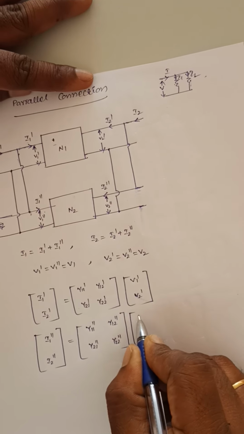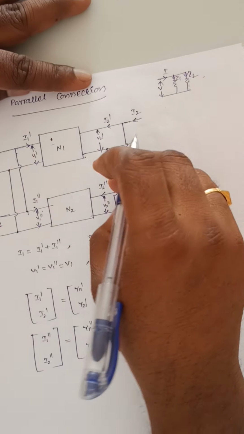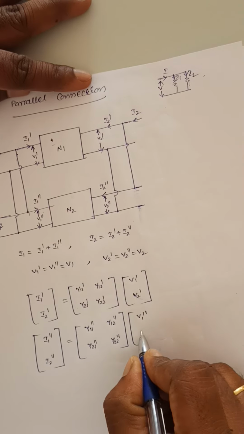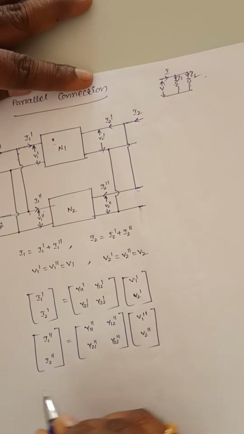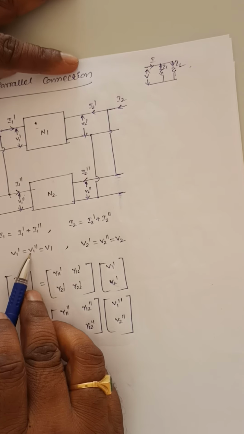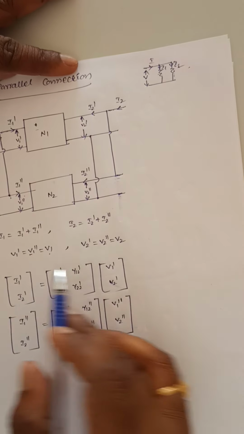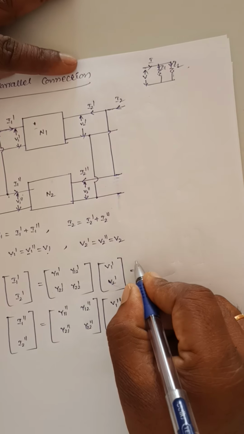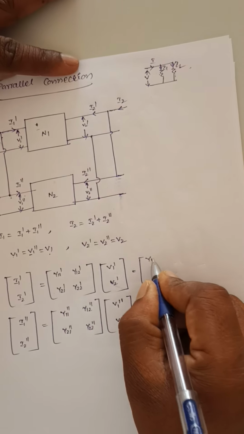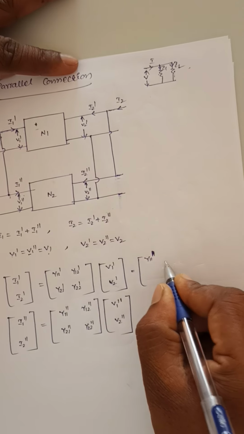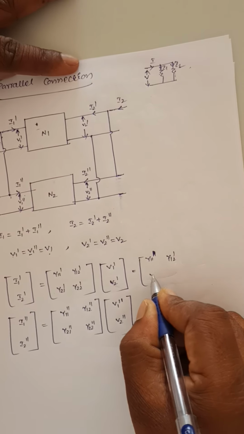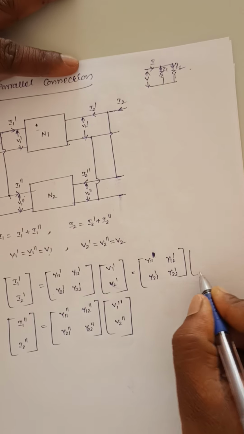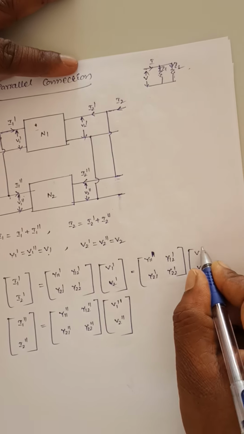Here it is the same thing, whatever the voltage that is present across this, V1 double dash, V2 double dash. But we know that V1 double dash is equal to V1 dash is equal to V1. Alright, so this can be written as Y11 dash, Y12 dash, Y21 dash, Y22 dash into V1, V2.